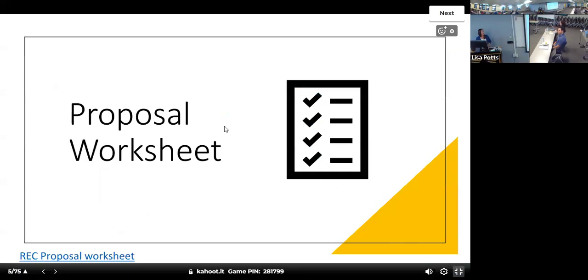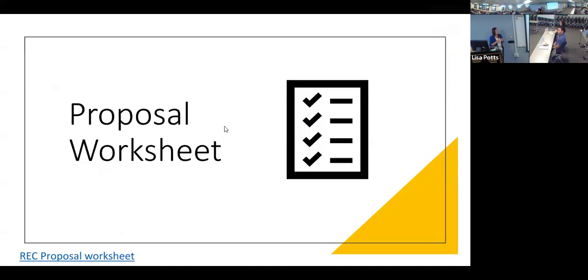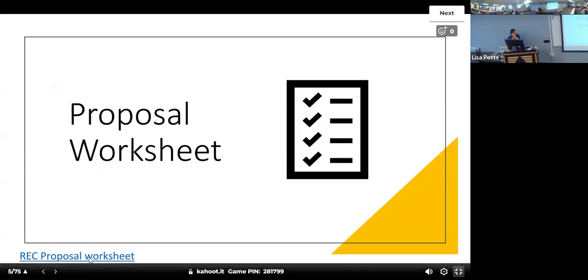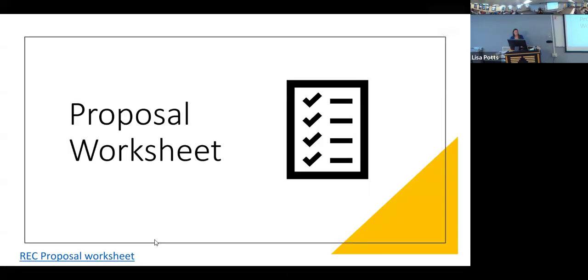One thing that I'm going to reference, also integrated in a few places throughout, is this proposal worksheet, which a few of the psychology faculty helped me develop last year or the year before. And there is a link here. When I publish the PDF online, you'll be able to have access to all of these links as well.